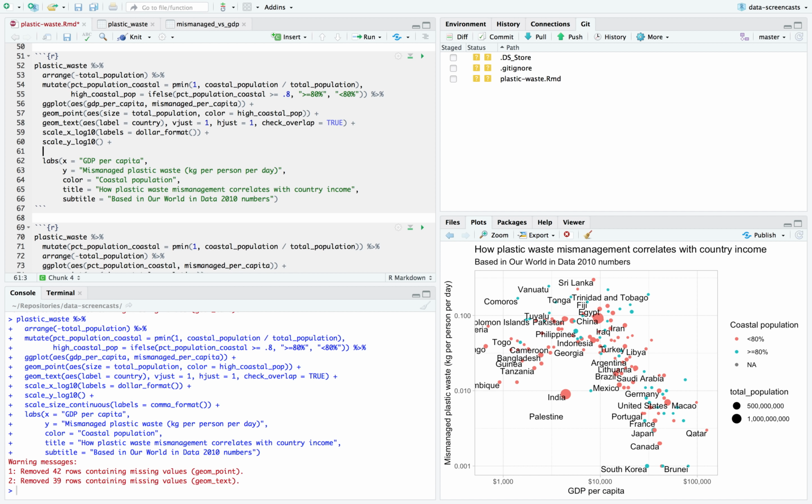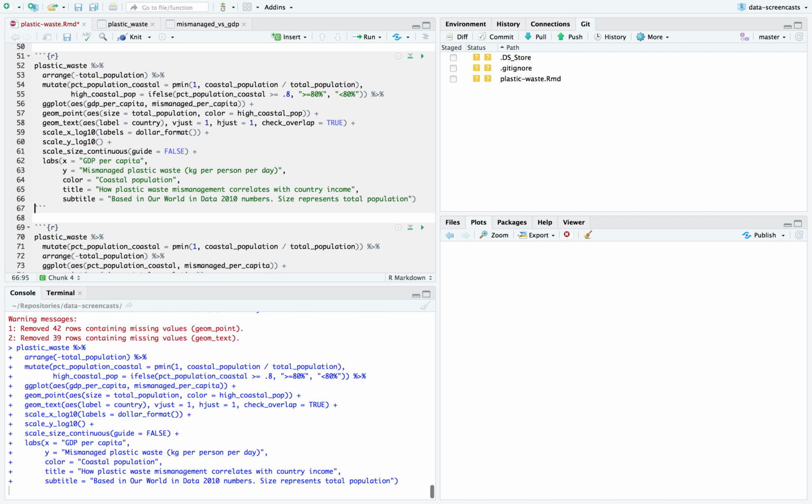I would say scale size continuous guide equals false, I think. And I can get rid of that. And I can also mention that in the base, size represents total population.